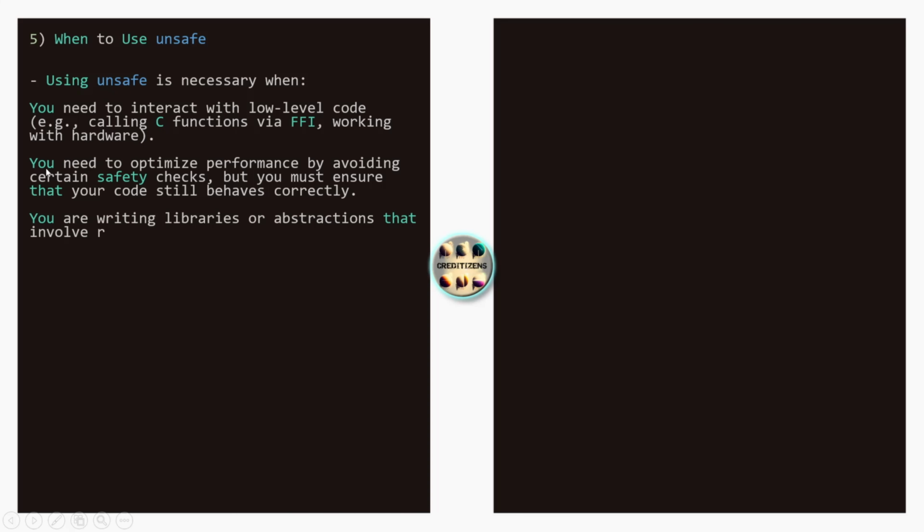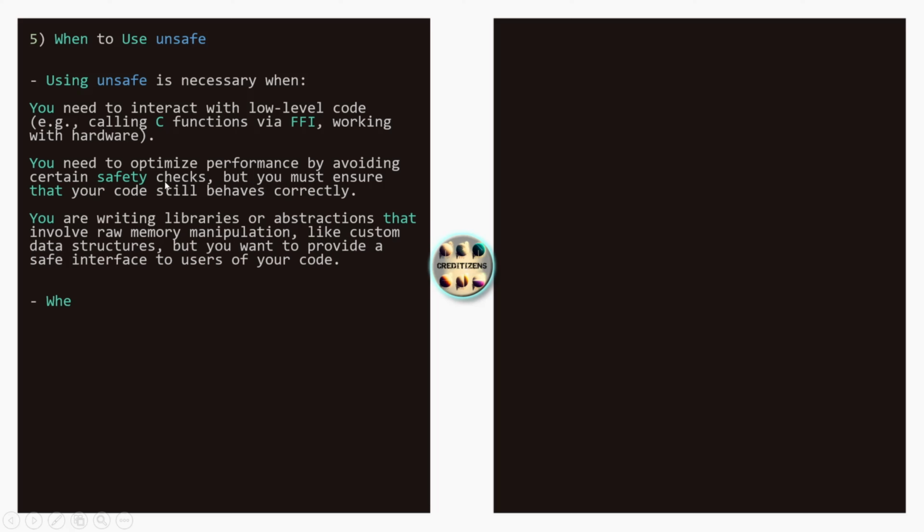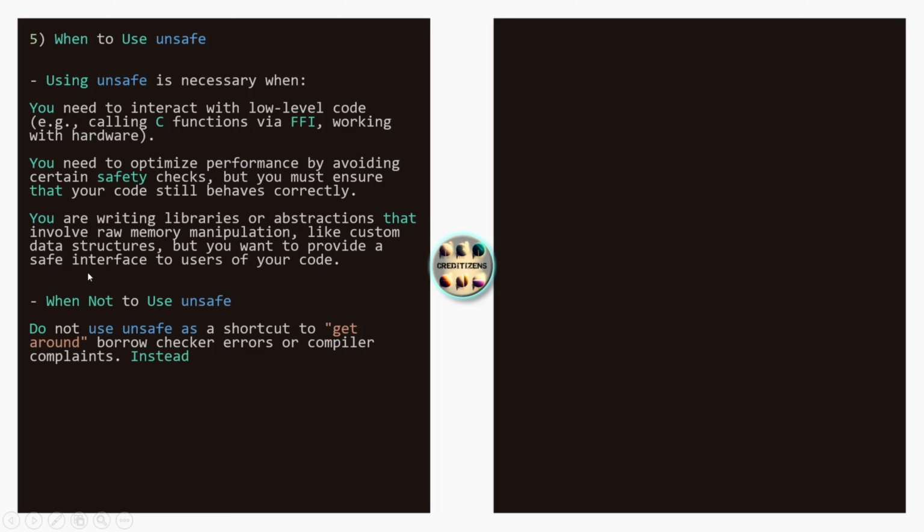You need to optimize performance by avoiding certain safety checks, but you must ensure that your code still behaves correctly. Or you're writing libraries or sections that involve raw memory manipulation, like custom data structures, but you want to provide a safe interface to users of your code. Okay? So using unsafe is necessary when you want to interact with the hardware.